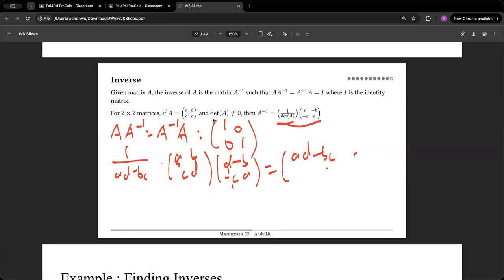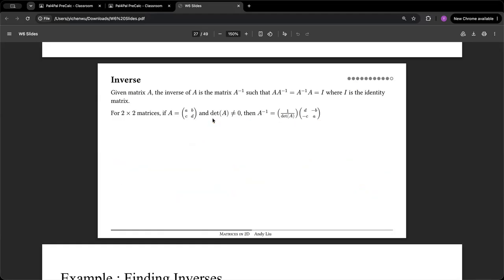The reason is that you have a negative AB and then a plus AB term. And then we have to multiply by 1 over AD minus BC. That just gives 1, 0, 0, 1. So does that make sense? I think we can move on.